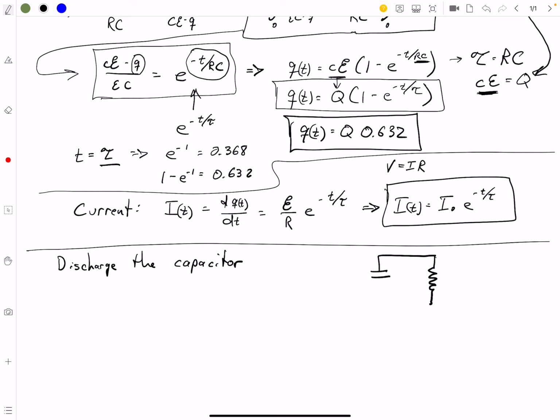Okay, we're no longer connected to an EMF. We no longer have a driving EMF that's charging the capacitor. We're just letting the capacitor discharge across some resistance load.